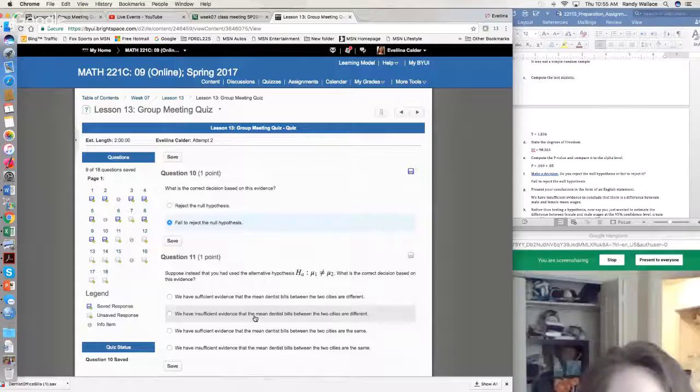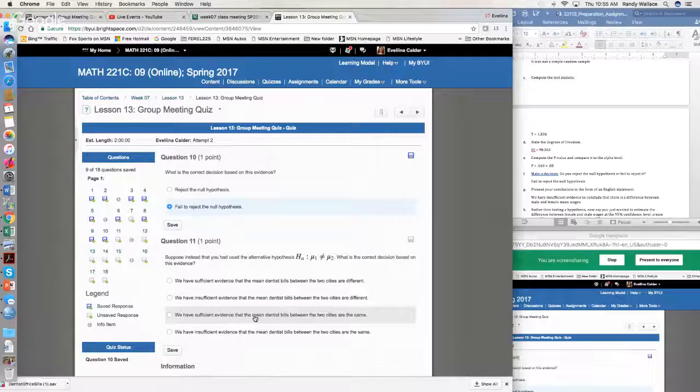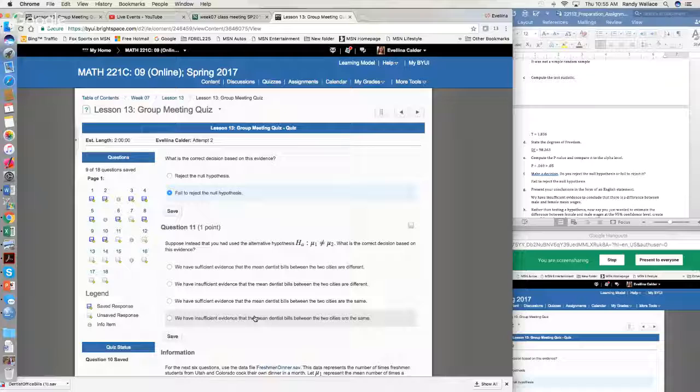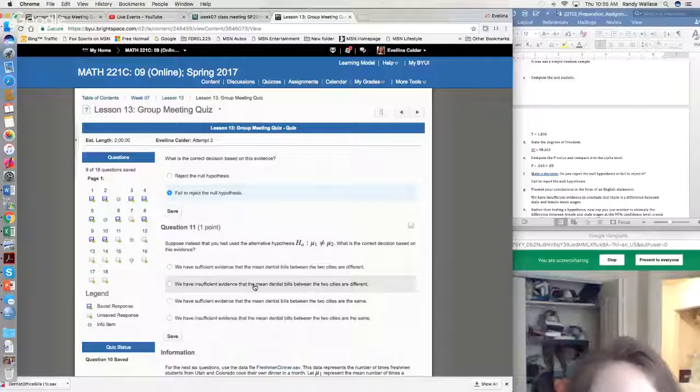And so we have insufficient evidence that the mean dentist bills between the two cities are different, because we're saying the alternative hypothesis mu1 is not equal to mu2. Okay, gotcha. Or is it, okay, wait.